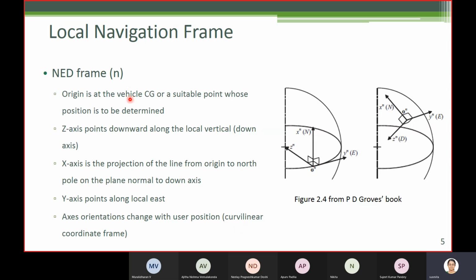Now the notation is M. Often we are interested in finding the position of the origin, which is at the vehicle CG or some suitable point on the vehicle, with respect to the ECF frame or ECI frame. Generally we are interested in the ECF frame because that is attached to the earth.